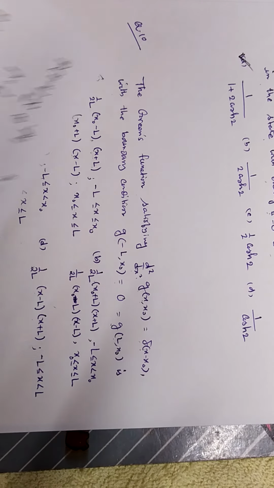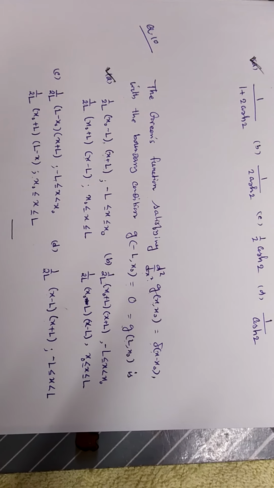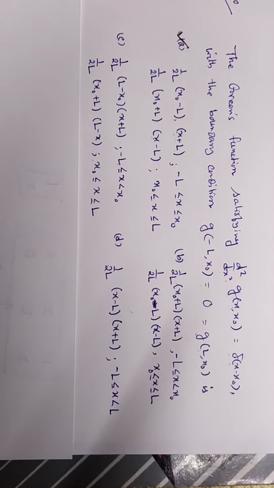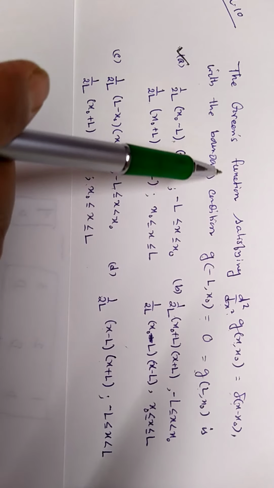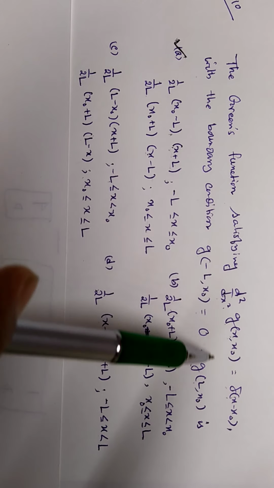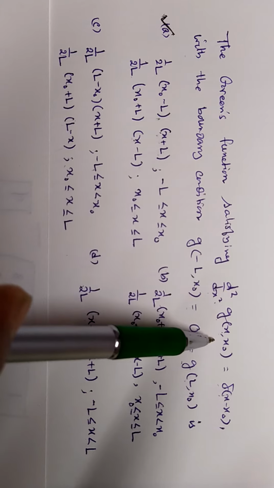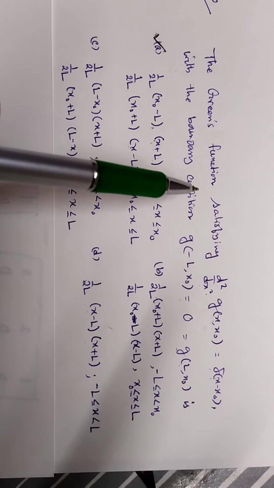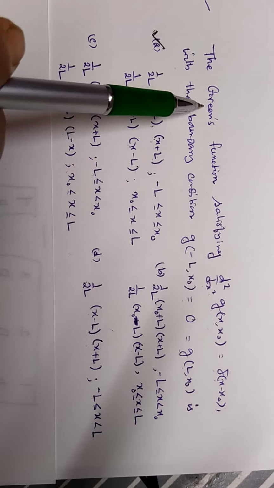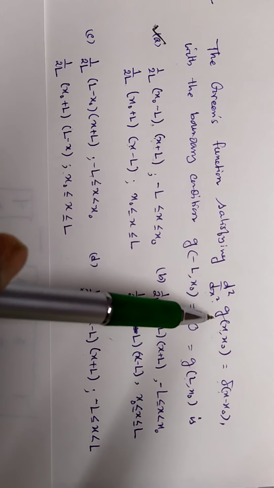Okay, and then the last question that I am going to discuss here is this: the Green's function satisfying this relation. So this G is the Green's function. Don't be scared because it says Green's function. It is a function.